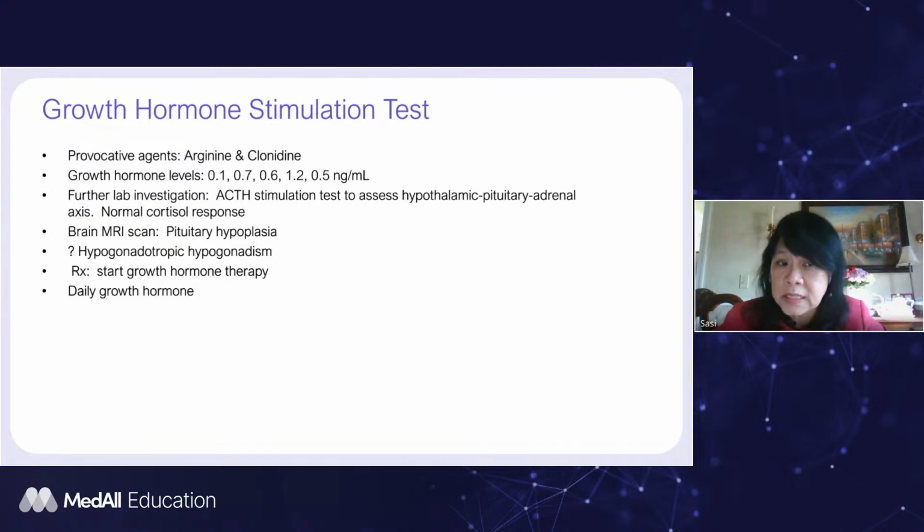That's a possibility, but it can be just isolated growth hormone deficiency as well. That can also result in micropenis in boys. So that's something we have to wait until he's in puberty, then we can do assessment for gonadal function.